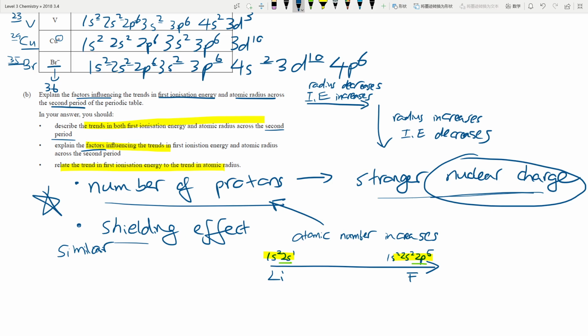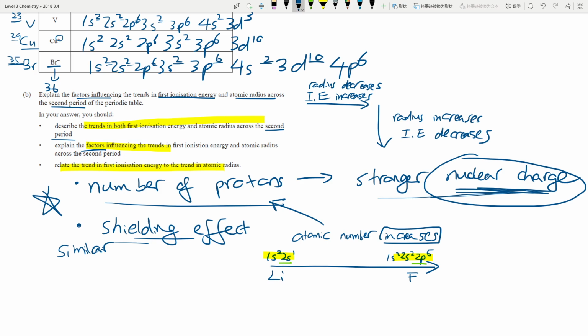As a result, the atomic radius would decrease, because the valence electrons would experience a stronger effective nuclear charge, with a similar sort of shielding effect. Therefore, they would experience more attraction, and they will be attracted closer to the nucleus, and that's what determines radius.